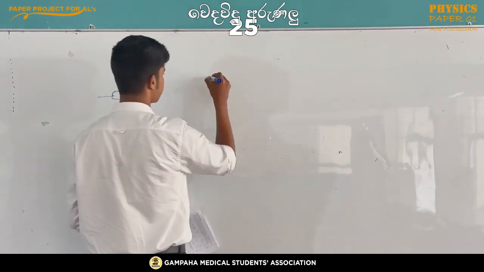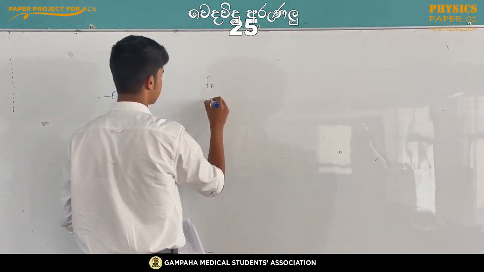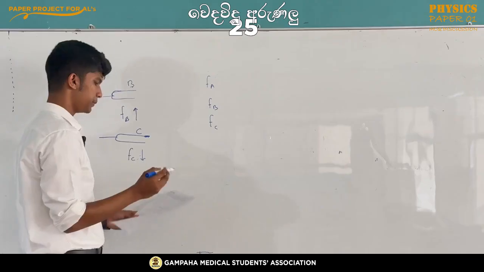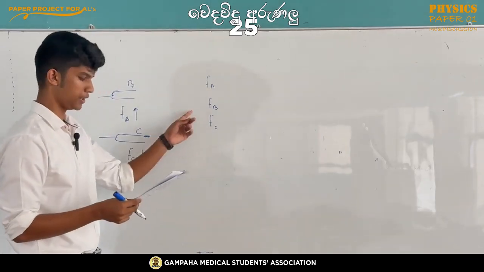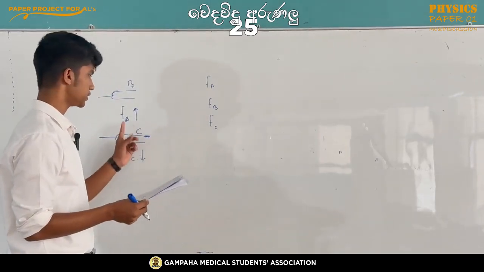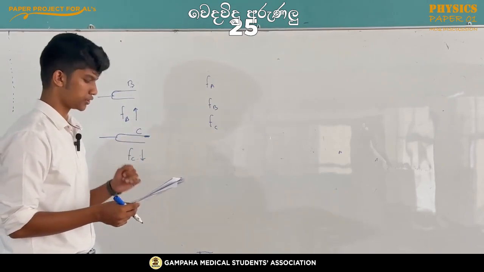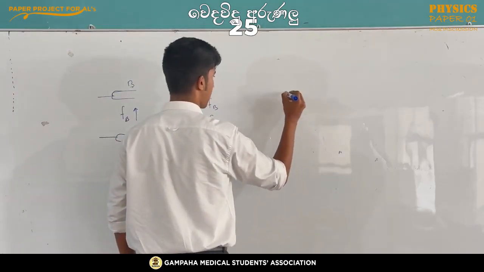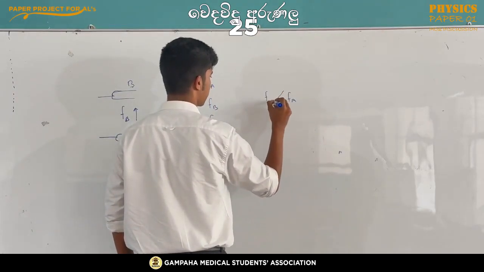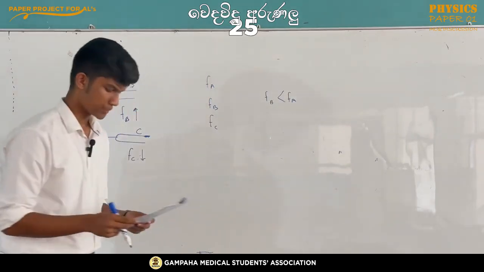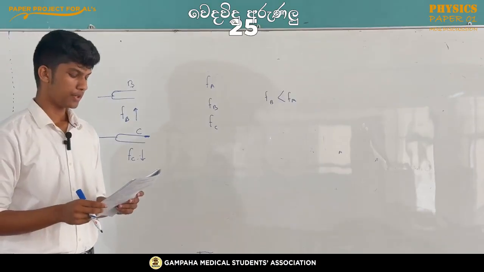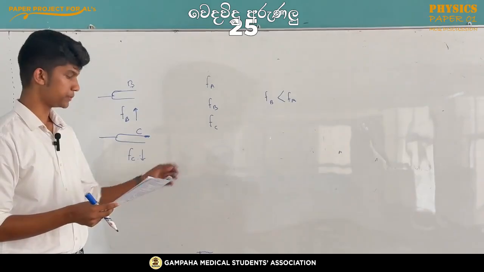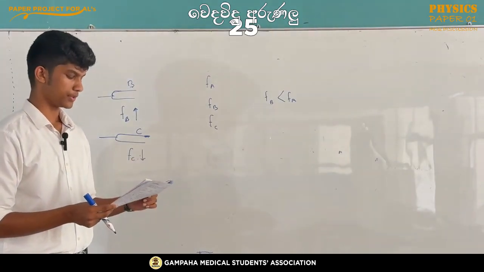So then if you write the expressions FA, FB and FC, the beat frequency between A and B decreases when the frequency of B increases. So that means that A is greater than B. In the second scenario, when the frequency of C decreases, the beat frequency between B and C increases.